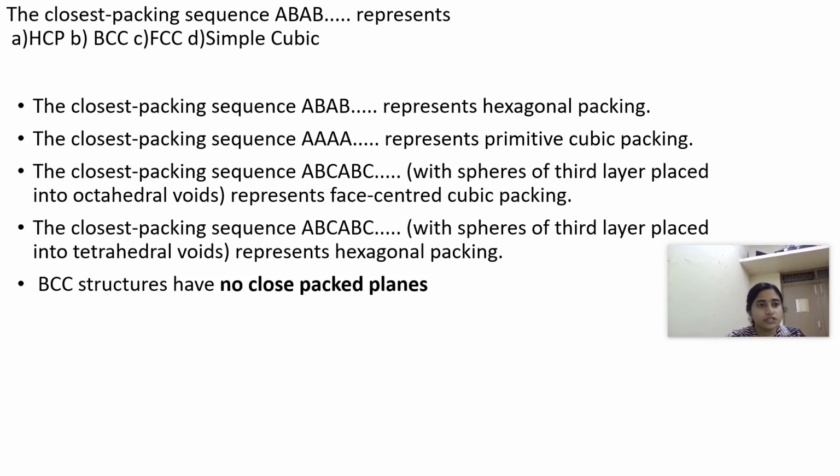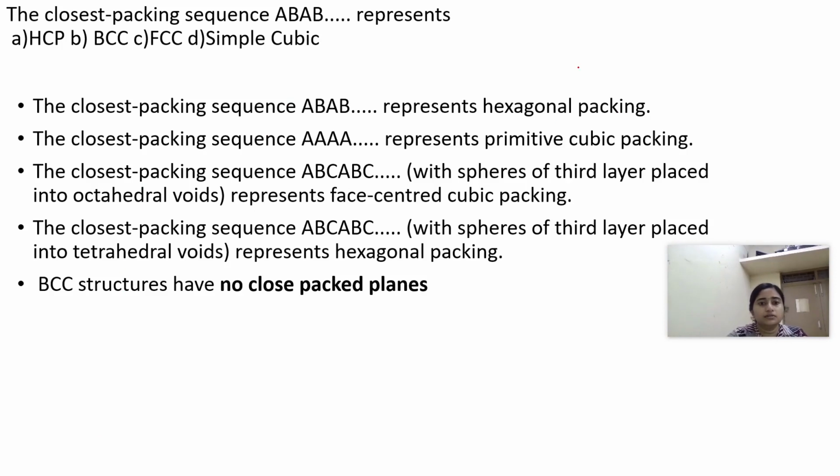Okay, so see the first question. The closest packing sequence ABAB represents which crystal system: HCP, BCC, FCC or simple cubic? So what will be the answer? The closest packing of ABAB represents the hexagonal packing. I hope you already know hexagonal packing.